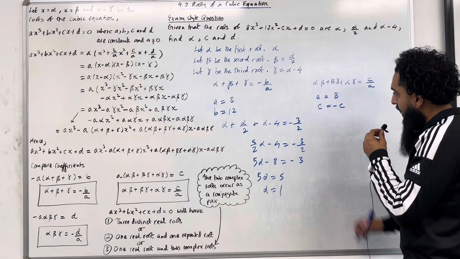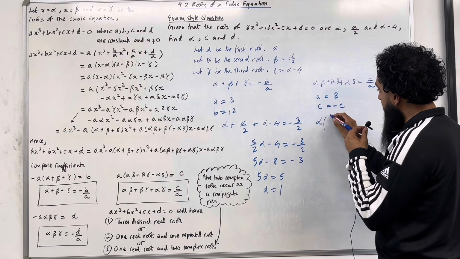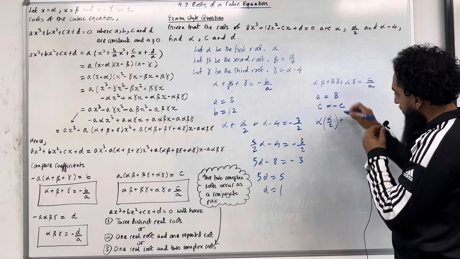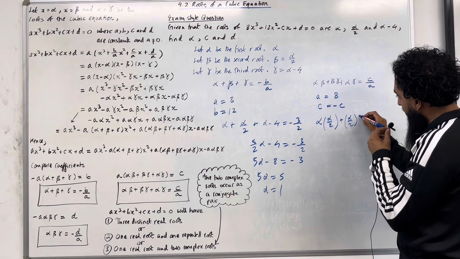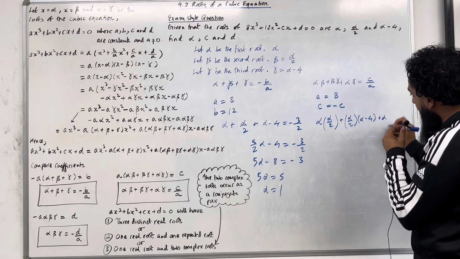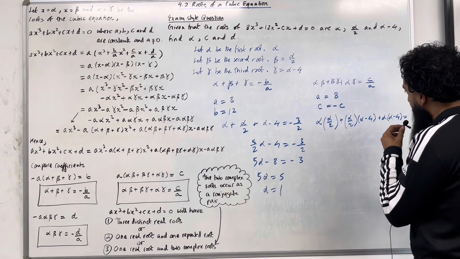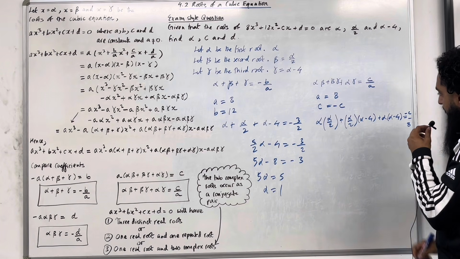Okay, so I've got alpha times beta, which is alpha over 2, plus beta times gamma, where gamma is alpha minus 4, and then plus alpha times gamma, which is alpha minus 4. This must equal minus c over 8.